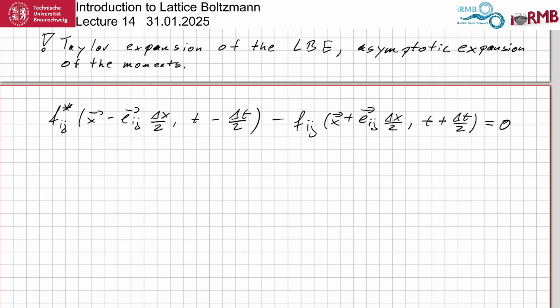This is the symmetric form of the Lattice Boltzmann equation. It's symmetric because it is not evaluated at the lattice nodes and at the time steps, but in between. And you remember, even though we apply the Lattice Boltzmann method at the lattice nodes and at the time steps, the solution that we get is actually in between these.